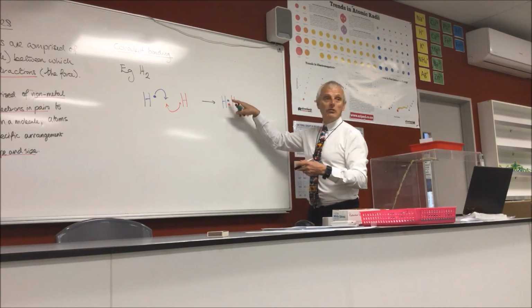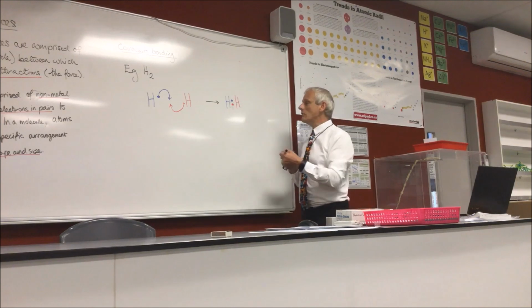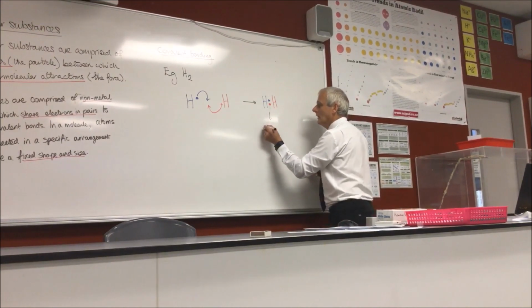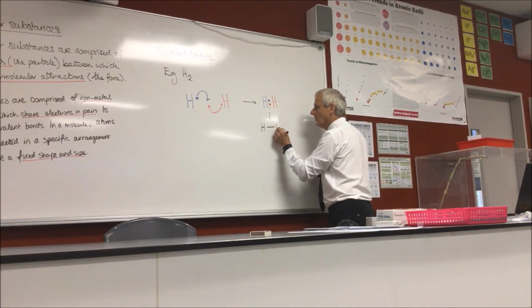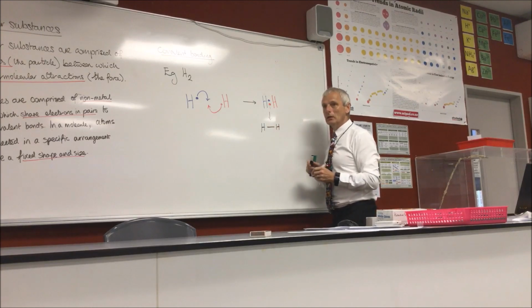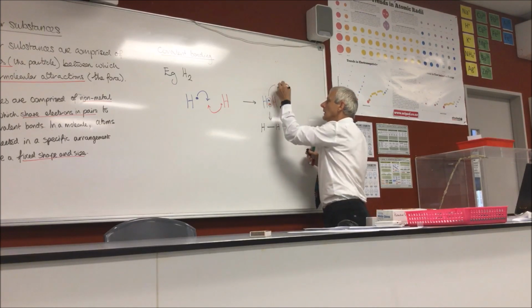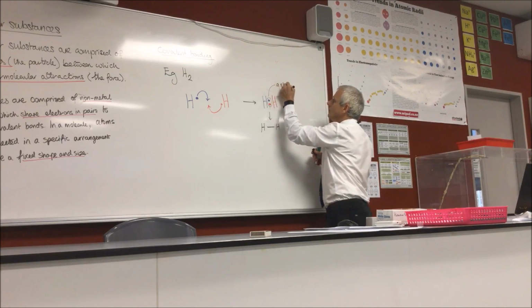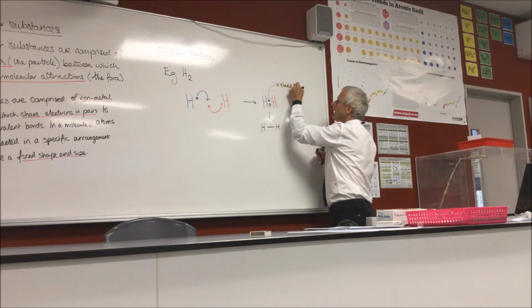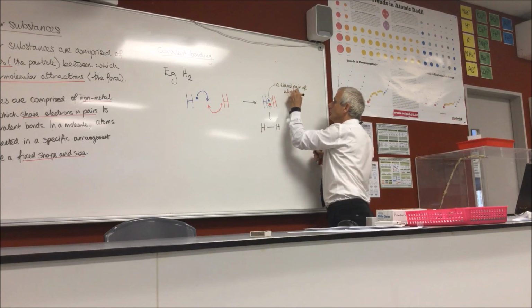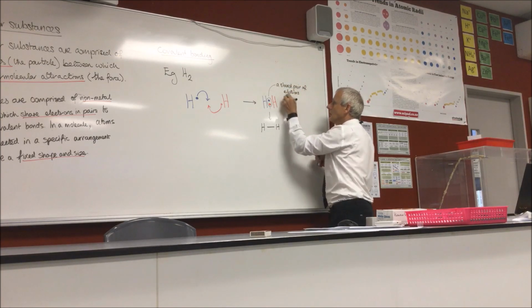Now, if you've got something like this, a way of representing it is as a single line. So what we've got here is a shared pair of electrons. And that's a covalent bond.